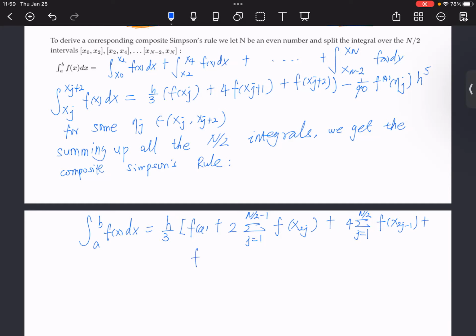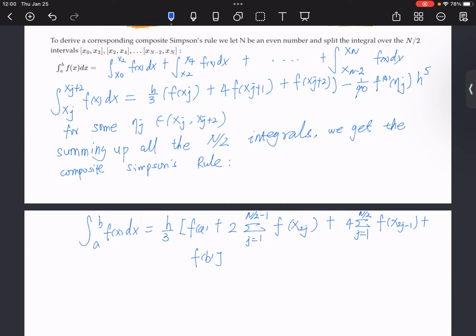We have both endpoints, f(a) and f(b), and they just have the coefficient 1. You can use the same techniques as I did in the composite trapezoidal rule to analyze the coefficients here. You just assign the coefficients one by one and add them together, and then you will get such things: 2 for the even number points, and 4 for the odd number points.